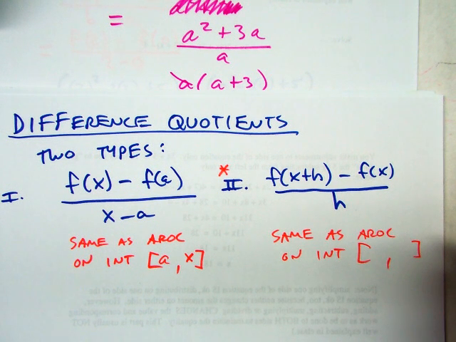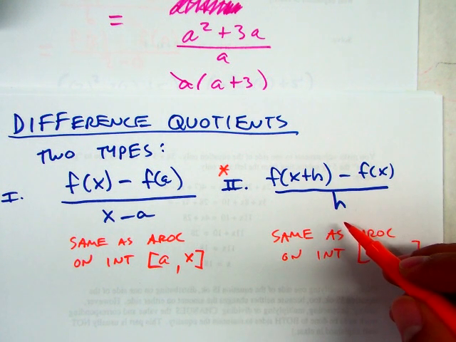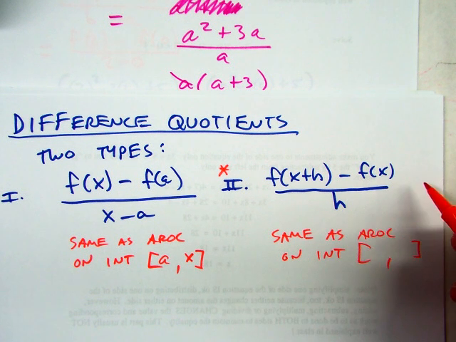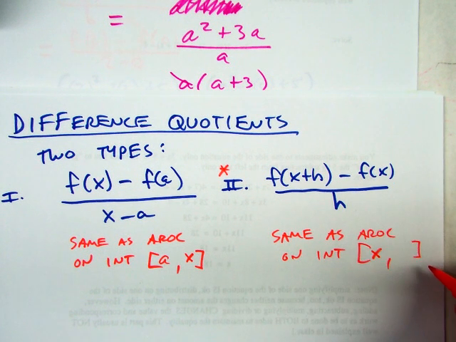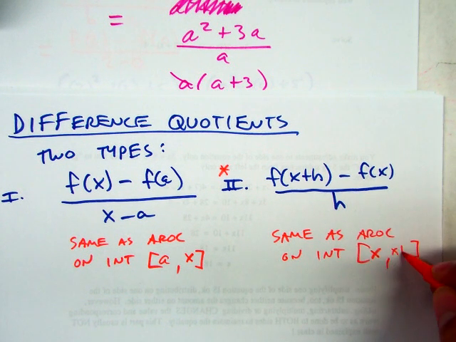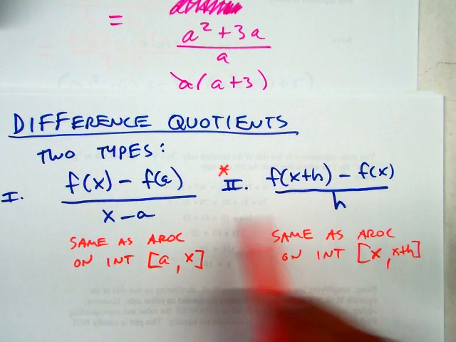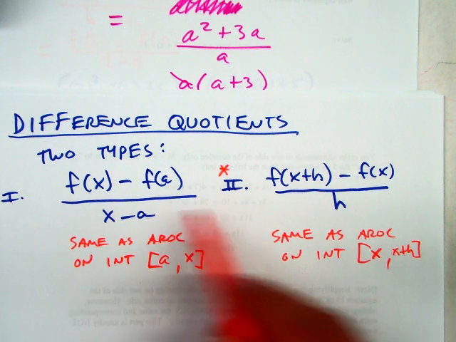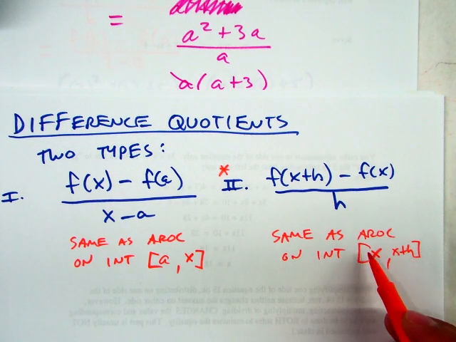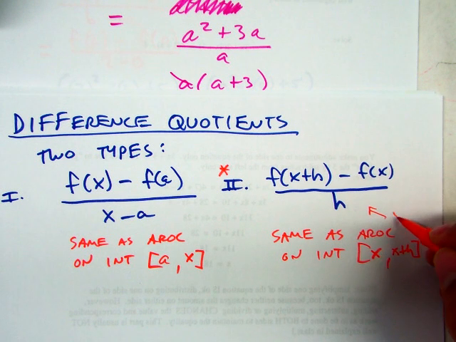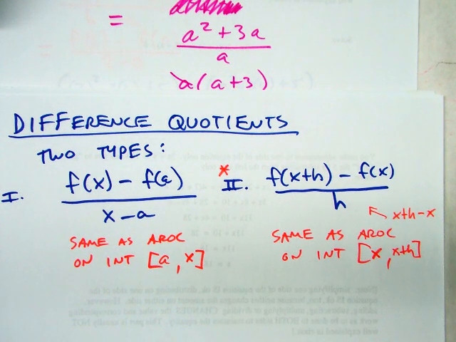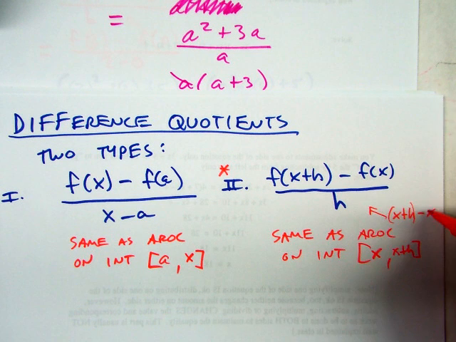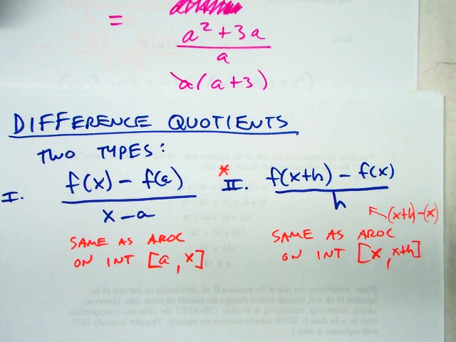What's the a value here? x. And what's b have to be? x plus h. I know the denominator doesn't look quite the same, but if you take b minus a, do you see that the x's cancel out? So it's really still b minus a on the bottom. It's just that the x's dropped out.